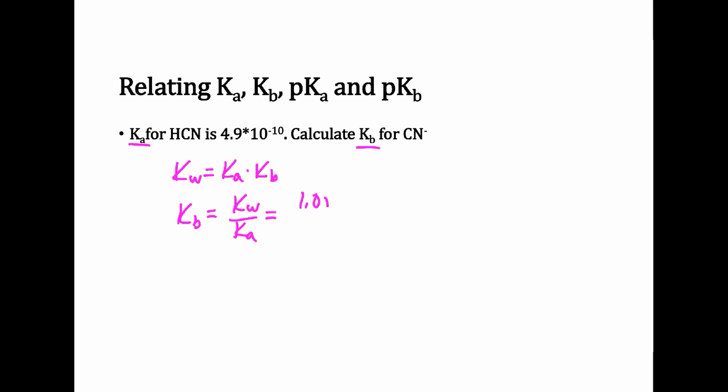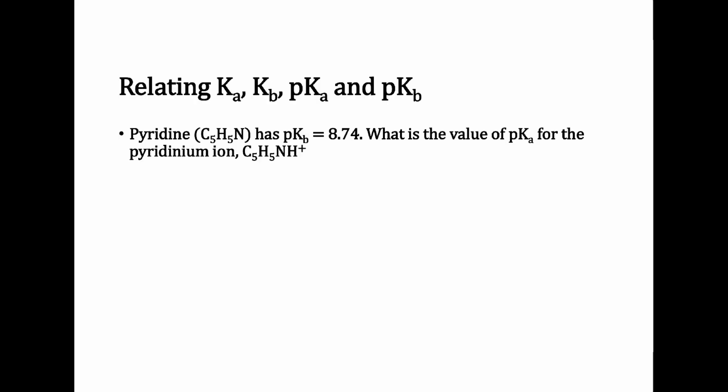We can substitute in Kw, 1.0 times 10 to the negative 14th, all over Ka, which is 4.9 times 10 to the negative 10th. And that will equal 2.0 times 10 to the negative 5th. Sometimes you may be given pKa's or pKb's and then be asked to find Ka's or Kb's. You just need to keep all of these relationships in mind as we're moving forward.